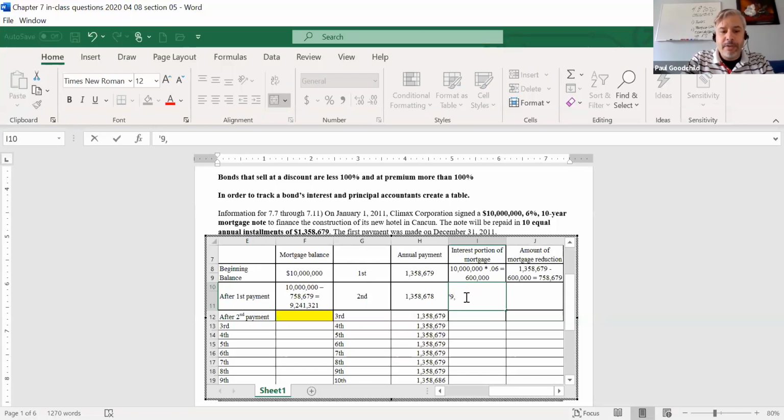And so we have the 9,241,321 multiplied by 0.06. And that's going to be equal to $554,479.